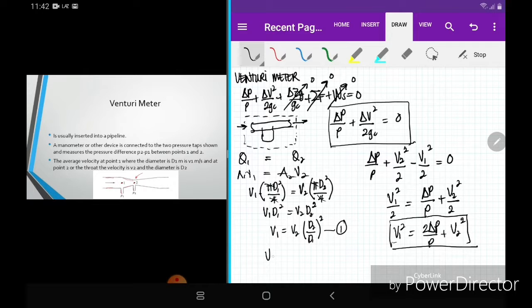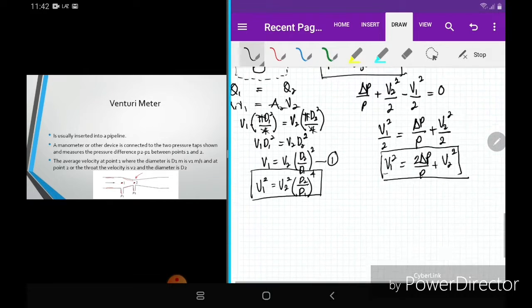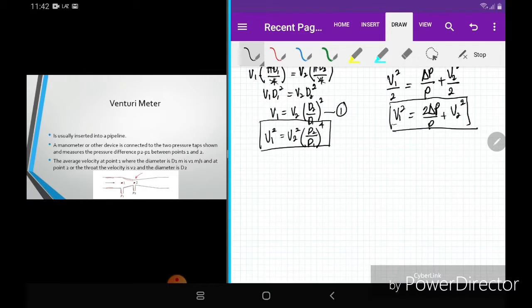We're gonna have v sub 1 squared is equivalent to v sub 2 squared quantity D sub 2 all over D sub 1 quantity raised to the 4th power. This one. Okay. Then, pwede natin equate kasi pareho silang v sub 1 squared.